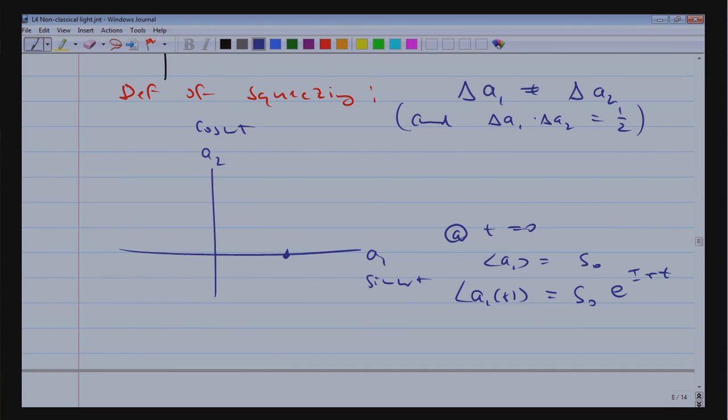So therefore, what would happen is this point will be amplified. That would mean it would just move out on the x-axis. So this would be for the plus sign. Or for the other case, you would damp the motion to 0, and this is the minus sign here.